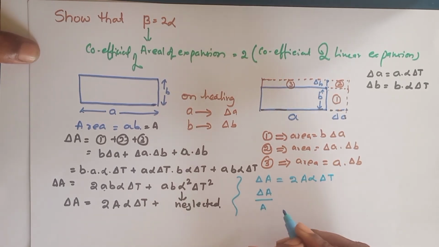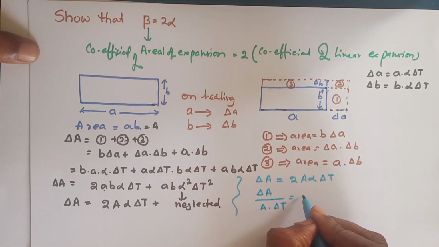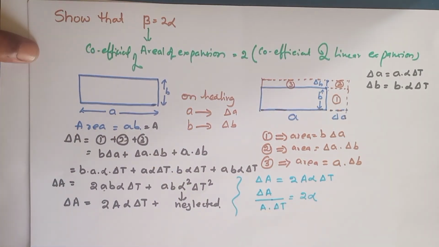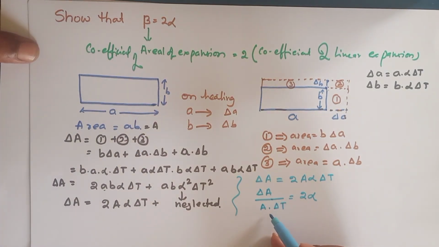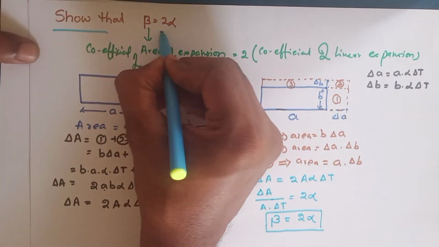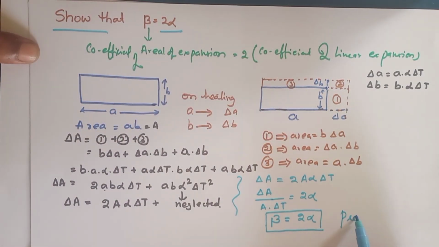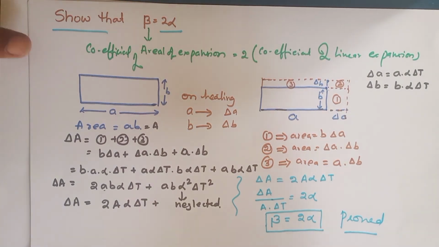Delta A by A into delta T is equal to 2 alpha. Change in area to original area by delta T. What is this? This is obviously the coefficient of areal expansion, which is equal to 2 times the coefficient of linear expansion, that is proved. So if one is given, we can calculate the other one very easily.